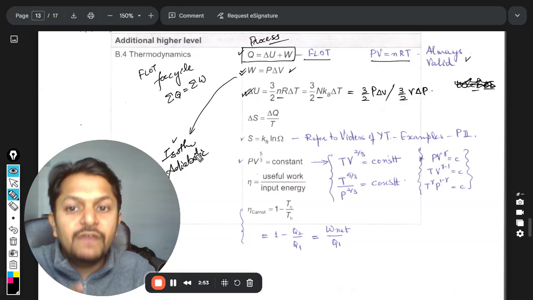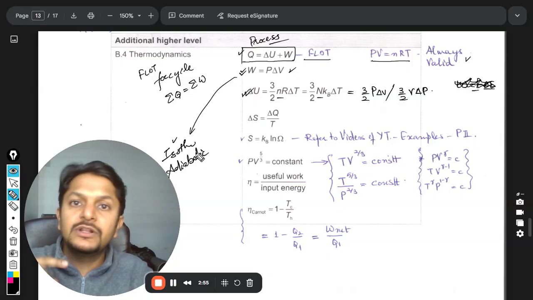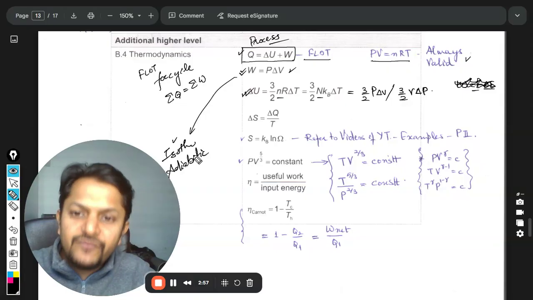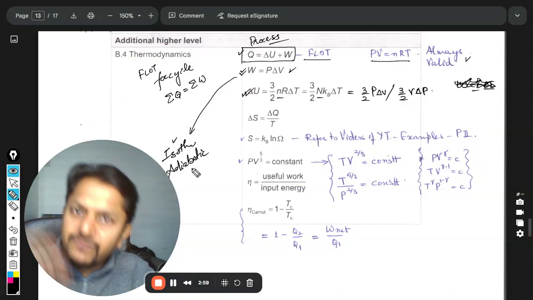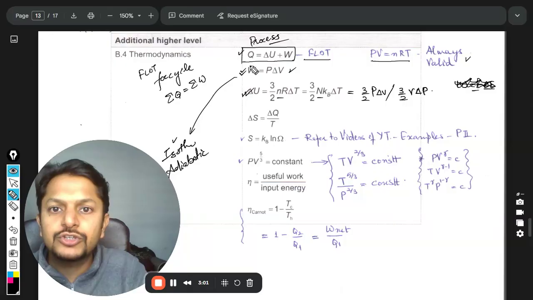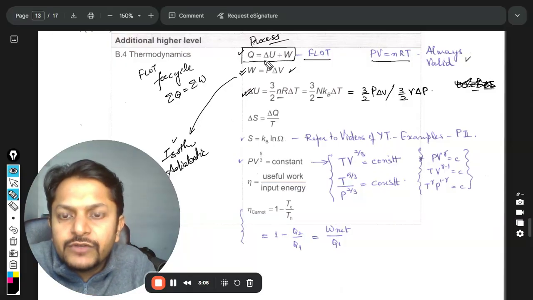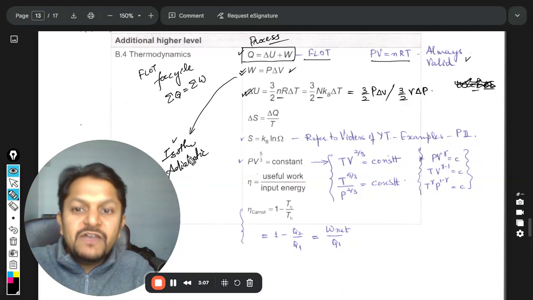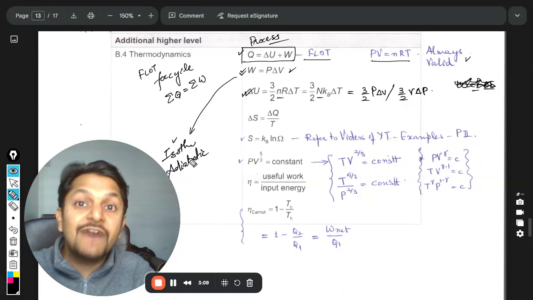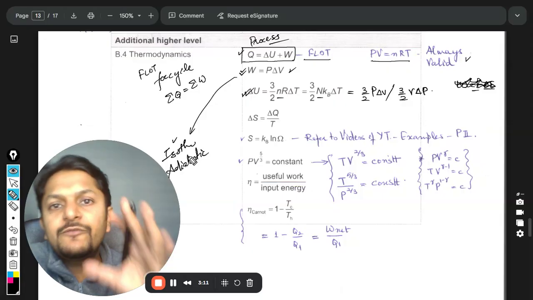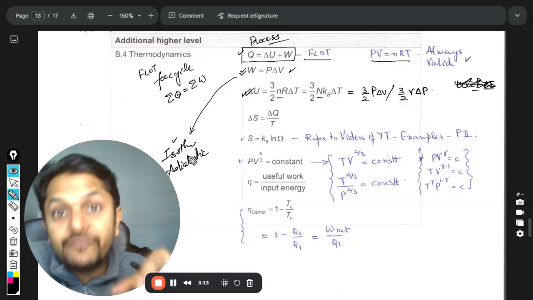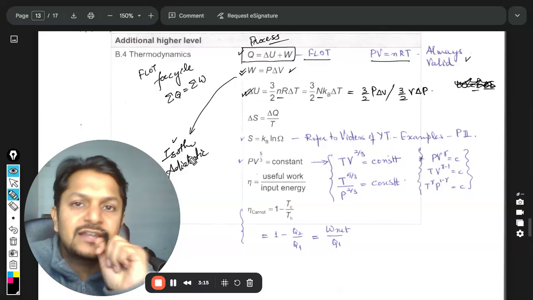Either the work done will be given to you and they will ask you the question on the heat or the internal energy, and you can use the first law of thermodynamics, or if they want you to find the work done, the graph will be given to you and you have to find the area under the graph. Now that could be tricky at times.